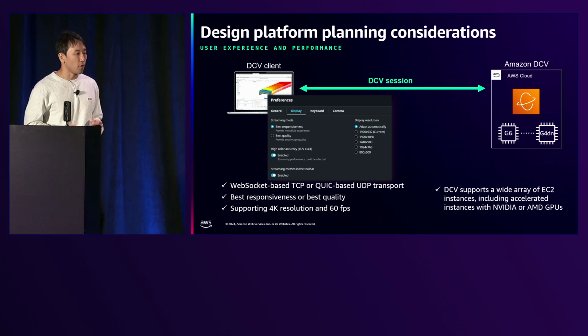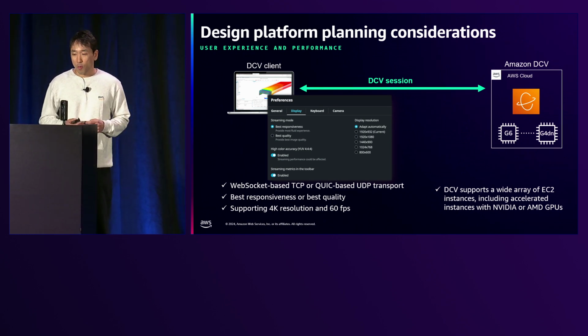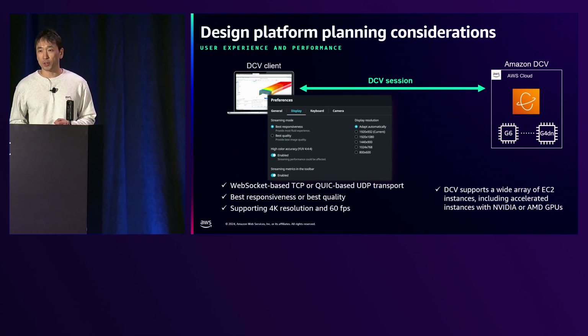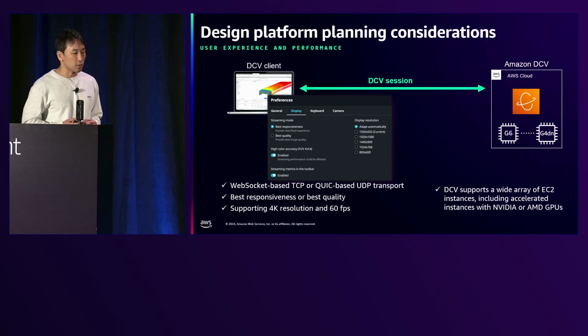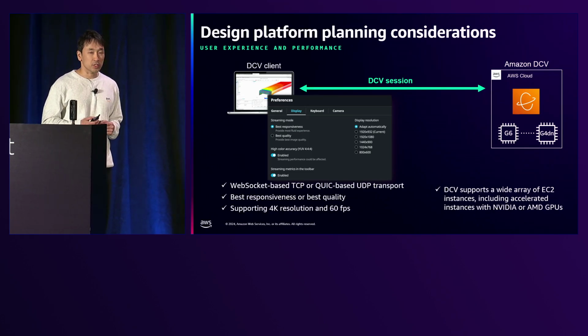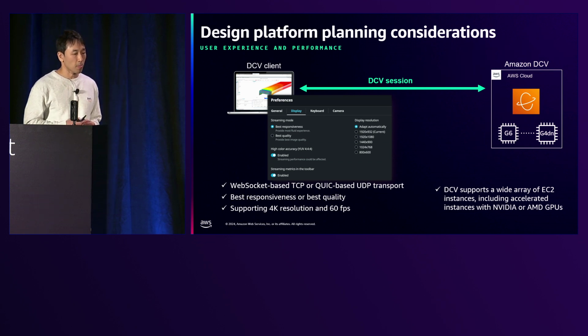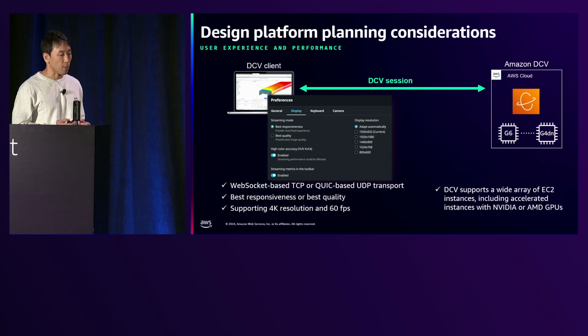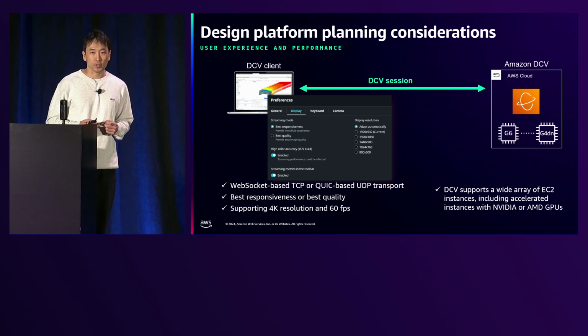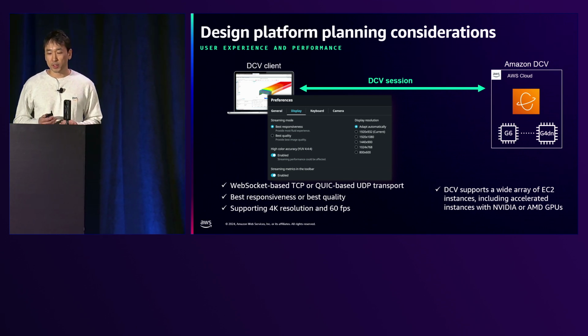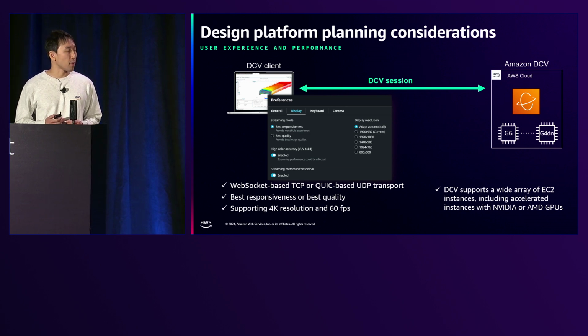How about the performance? When building a design platform, one of the biggest concerns is user experience and performance. I'd like to put more emphasis on Amazon DCV, which enables design work from a remote environment. Design work, in particular, demands high resolution quality, and designers are sensitive to the response time of every mouse movement and click.